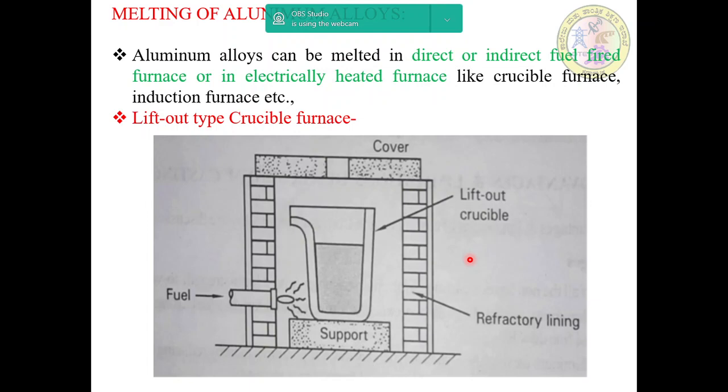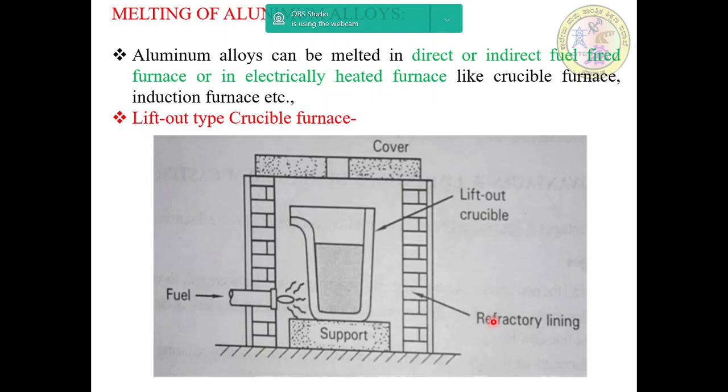The furnace is illustrated in its simplest form in the sketch. The lift out type crucible furnace is made from a refractory material, that is refractory lining, usually a clay graphite mixture or a high temperature steel alloy.